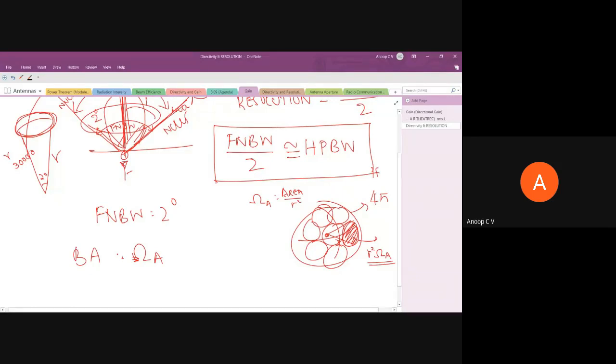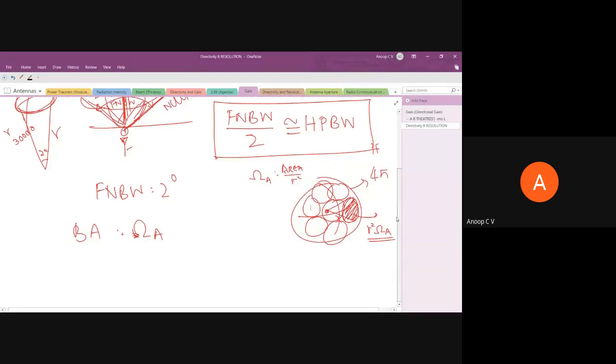Just imagine it as a torch kept at the origin. A torch will have some beam area, and if you light it from the center of a sphere, it will cast a footprint on the sphere, right? That footprint will have an area equal to r square times omega A, and the total number of such areas will be equal to nothing but 4 pi r square.